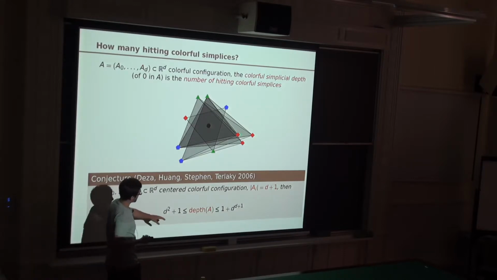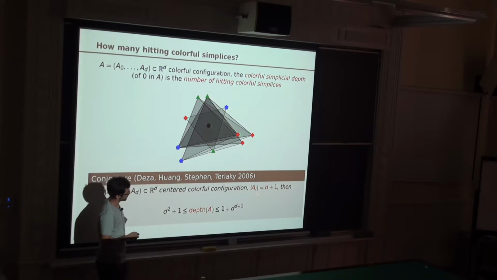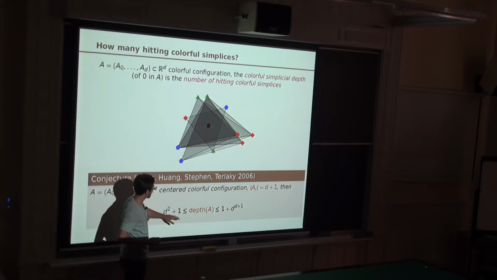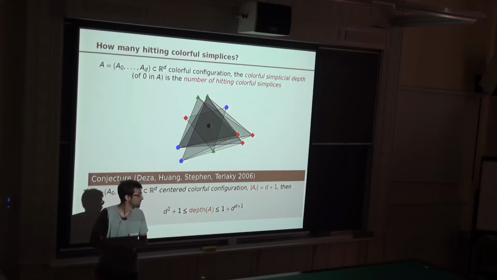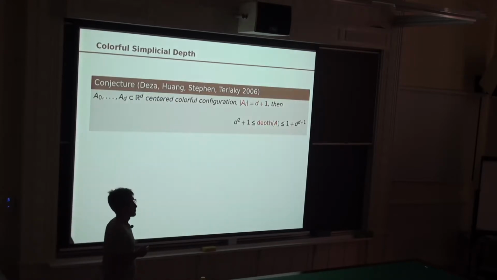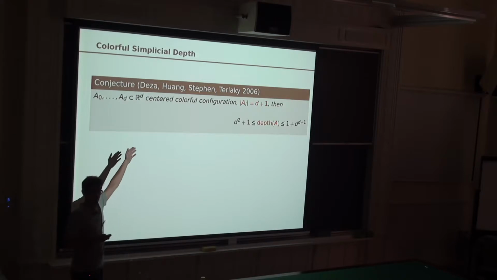And they conjectured that the depth is always between, in this case, where each color class is a simplex with d+1 points, d^2+1 and 1+d^(d+1). Both bounds, if correct, are tight.